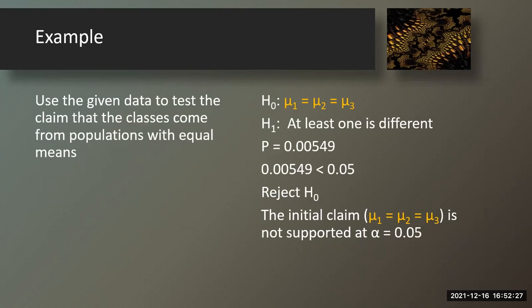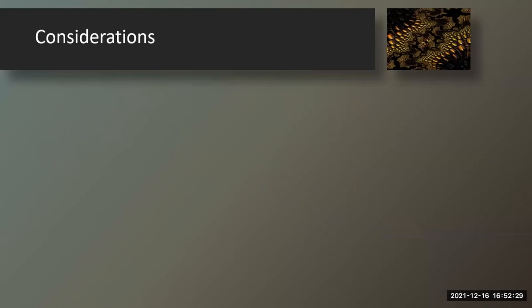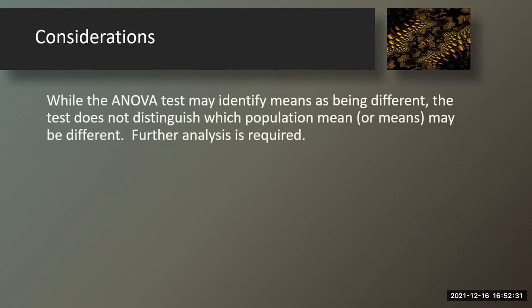Maybe all 3 are different from each other, maybe 2 pair up. But it's important to note that the ANOVA test does not really tell you directly which of the population means may be different. Further analysis is usually required.